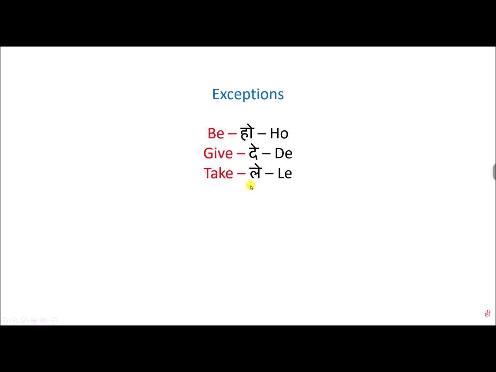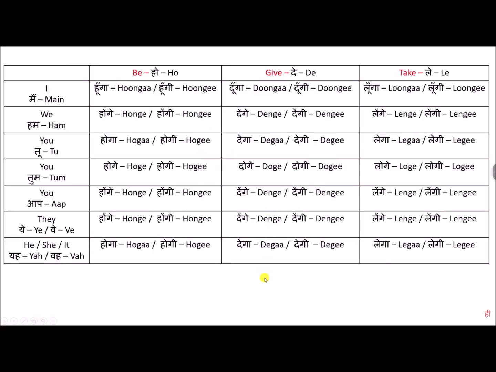And take is le. I have made this table for you so that you can refer to it. I will read this out once so that you will be able to get a hold of it.